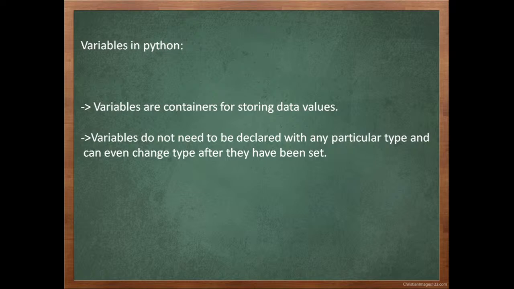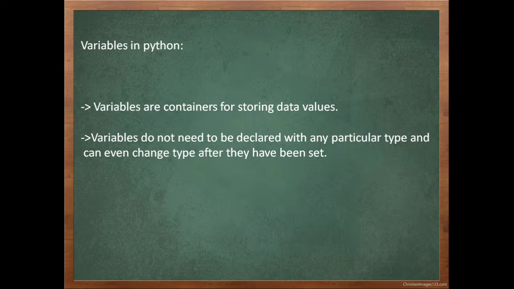The meaning of this is, unlike other programming languages, we don't need to specify the type of the variable. In C language or in Java, we need to declare the variable type. Is it a float? Is it an integer? Is it a character?